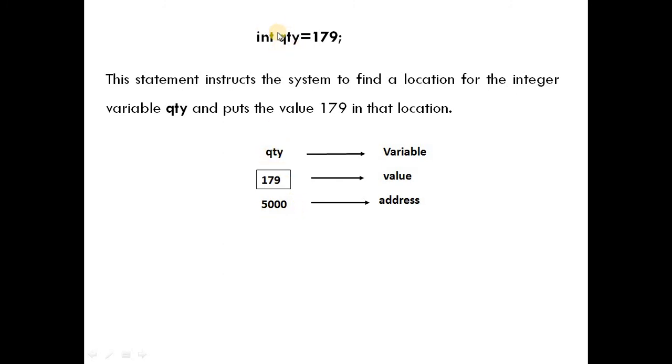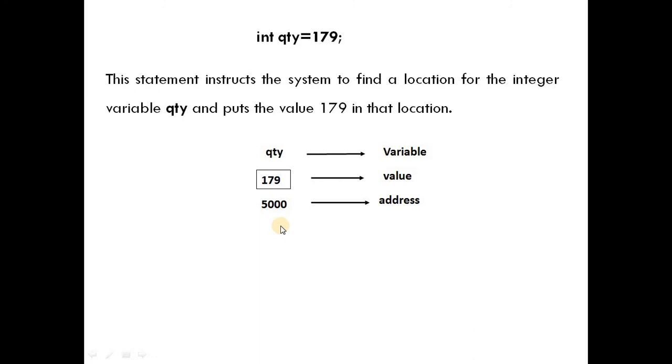Quantity is the name of the variable. This variable stores the value 179, and this quantity will be allocated some memory space. That memory space will have some address. In this example, the address is 5000. So the name of the variable is quantity, the value stored is 179, and the address of the memory location is 5000.